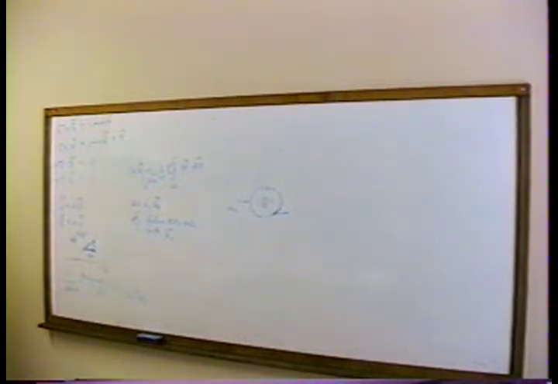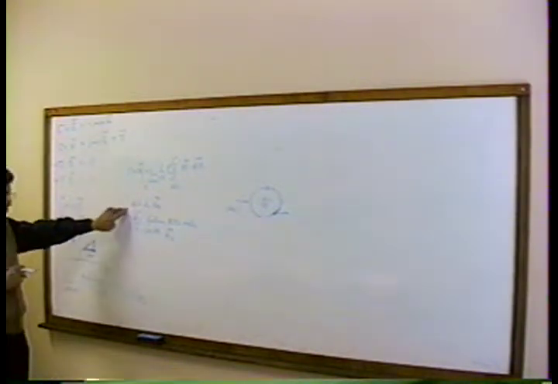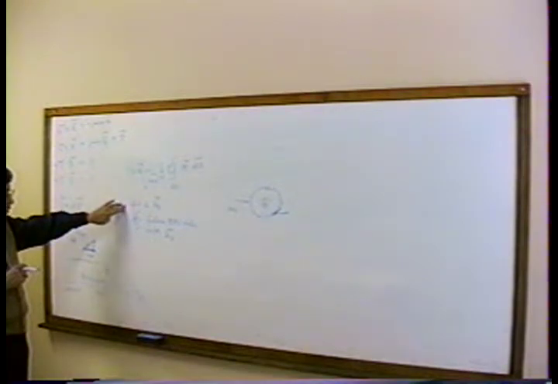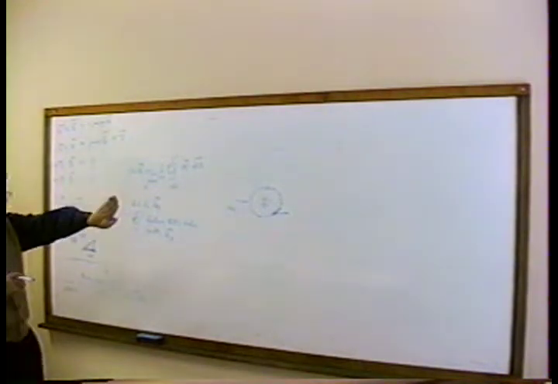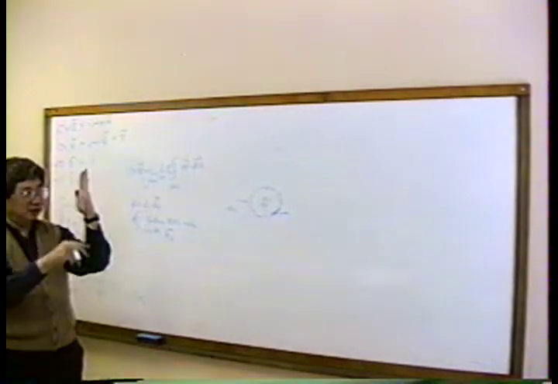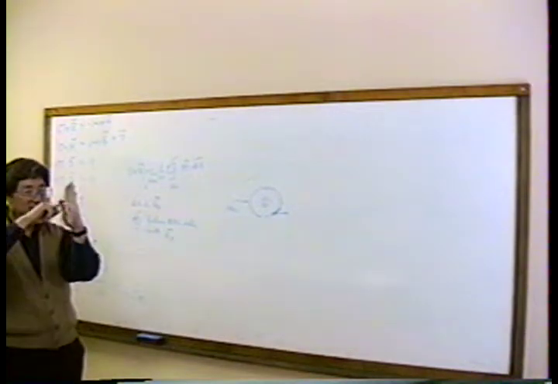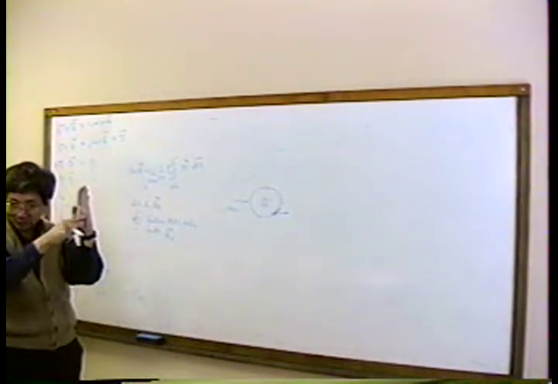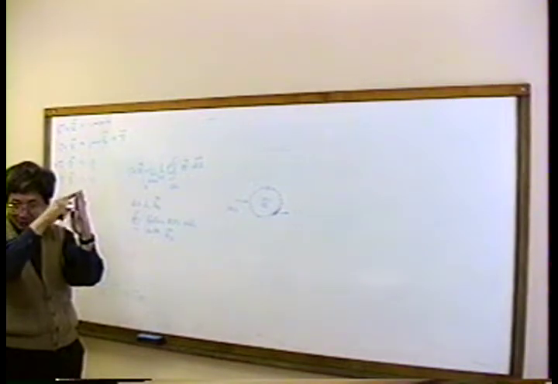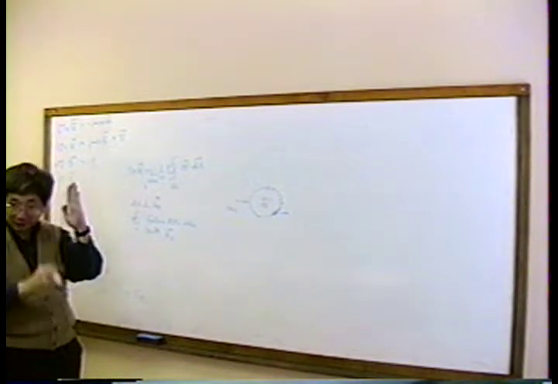I don't know what you're doing with delta S. Delta S is the surface. Delta L is its boundary. Okay, that I got.